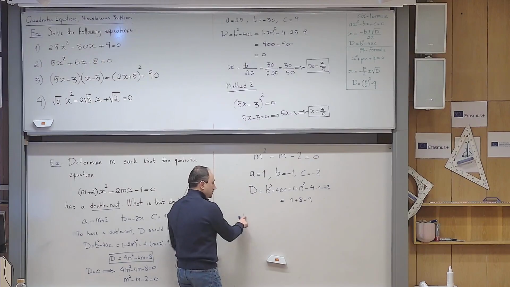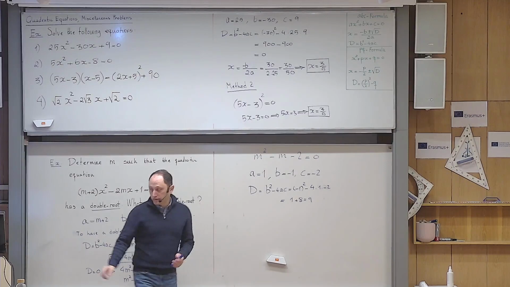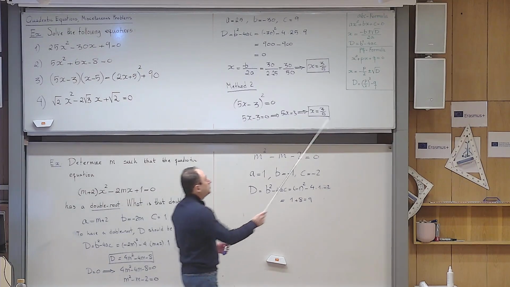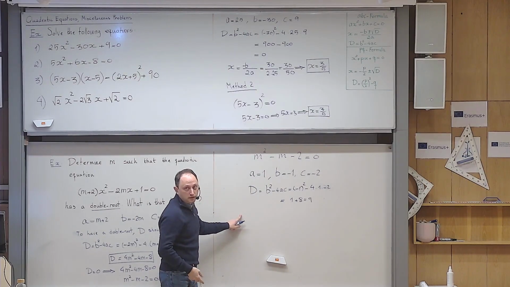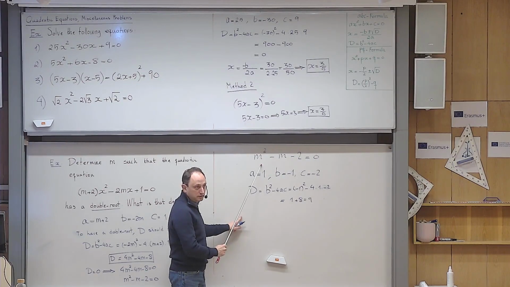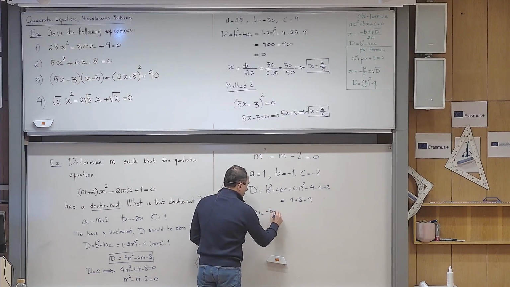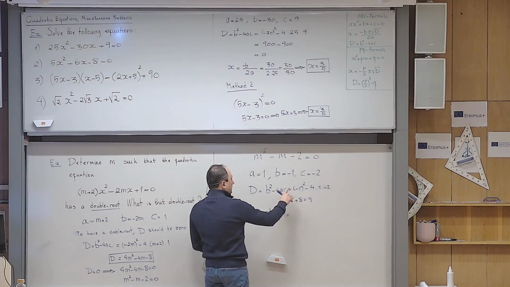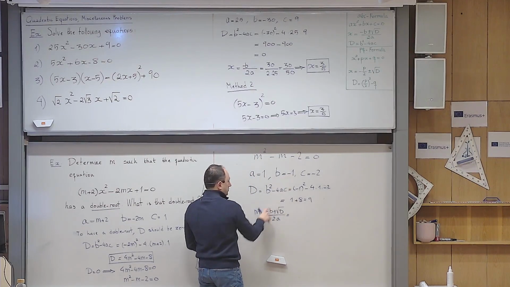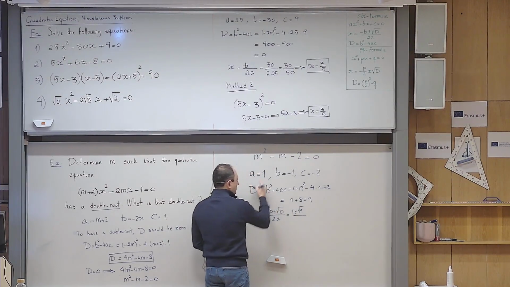And then what should I write here? I want to find m. So I want to use the ABC formula, but don't write x. What should I write here? m. Yes? Because m is my unknown now. So I would write the formula m equals minus b plus or minus the square root of d over 2a. My b is minus 1, so minus b is 1, plus or minus the square root of d divided by 2 times a.